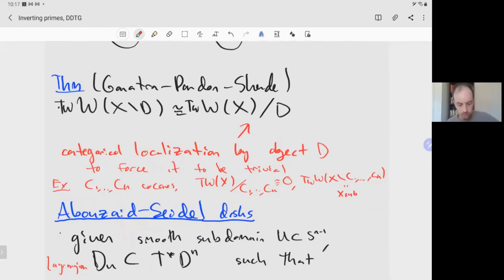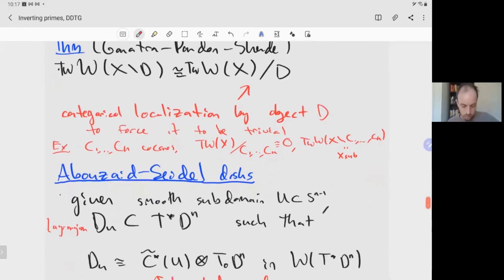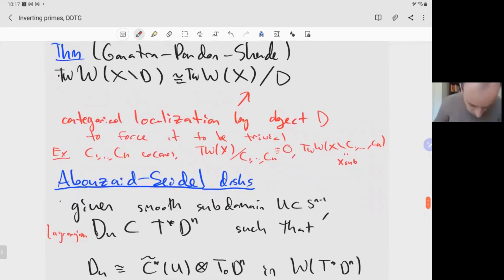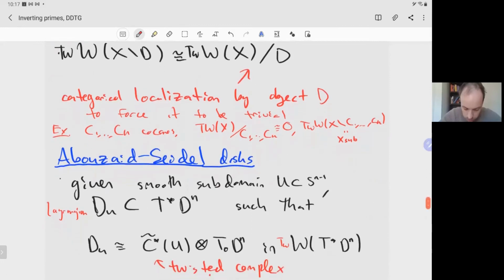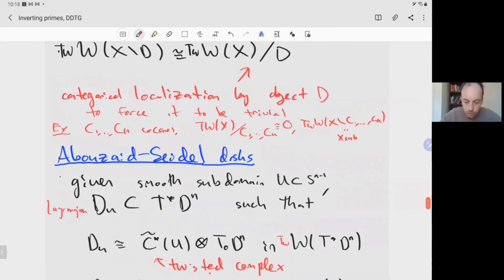D_U, inside the cotangent bundle of a disk with the following properties. D_U will be isomorphic to some twisted complex of cotangent fibers at 0 in the wrapped Fukaya category of T*D^n, where the twisted complex is the one that uses the reduced Morse cochain complex.